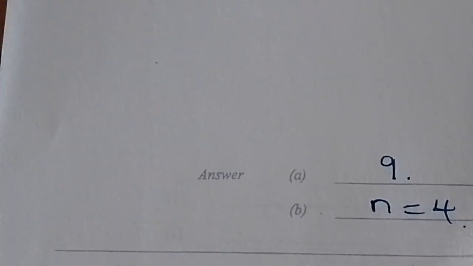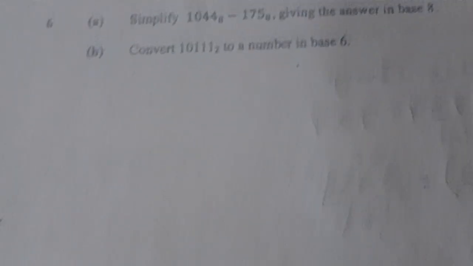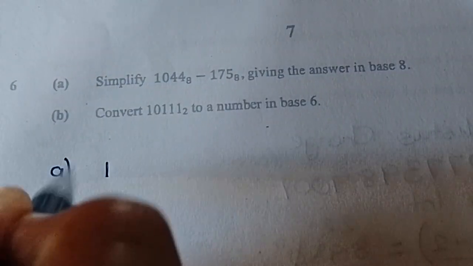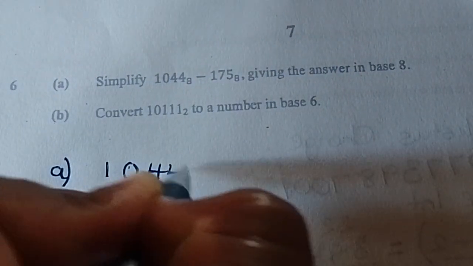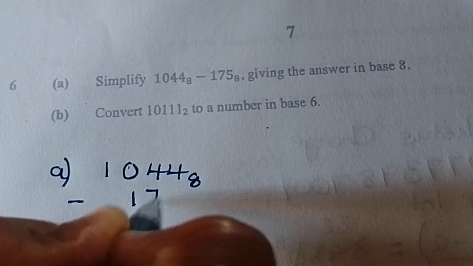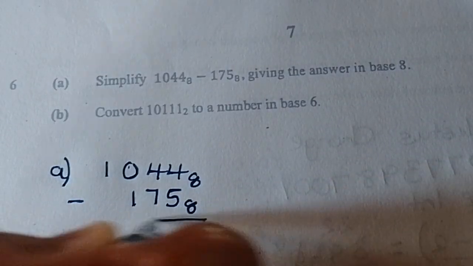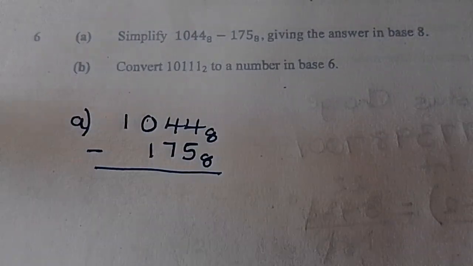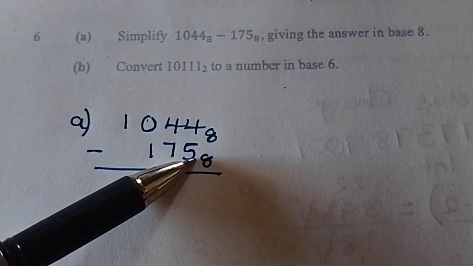Then number 6. Simplify: a, 1044 base 8 minus 175 base 8, giving the answer in base 8. For subtraction, 4 minus 5, it can't.